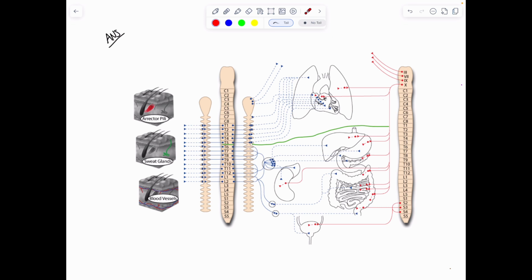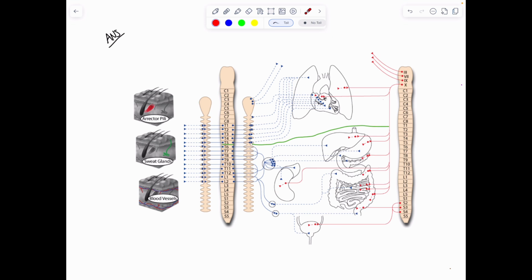And so now if we go over here to the parasympathetic nervous system, this right here is called the craniosacral. And the most important one you need to know is right here, this vagus nerve.